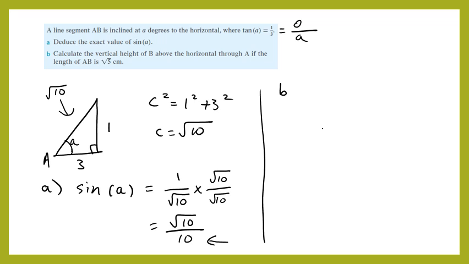I should probably label it AB like this first. Alright, calculate the vertical height of B above the horizontal through A if the length of AB is square root of 5. Now we have a ratio, and if we pick any of the ratios, well, we need to pick one involving A, B. Now I'm just going to use the one from sine earlier on, where we have root 10 over 10.